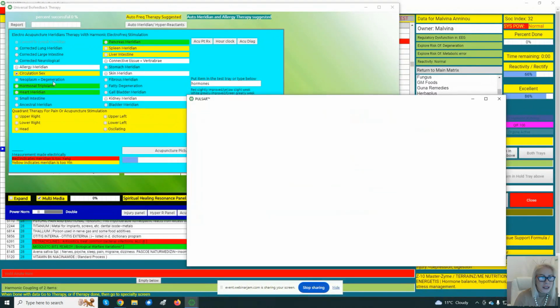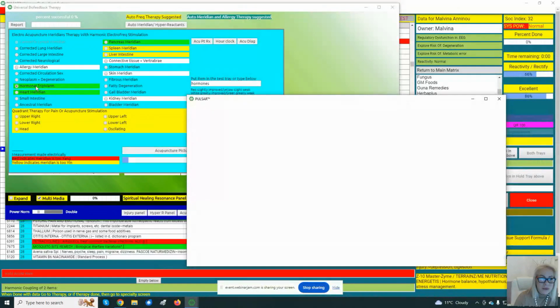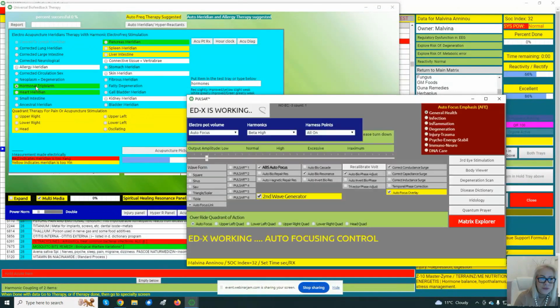Circulation, sex. Corrected. Hormonal. Which is also working the hormonal.